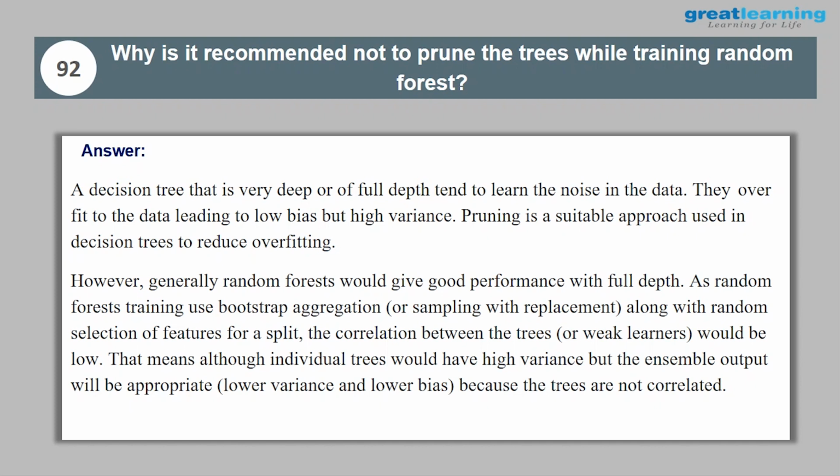However, generally a random forest gives good performance with full depth, as random forest training uses bootstrap aggregation, or sampling with replacement, along with random selection of features for a split. The correlation between the trees or weak learners would be low. That means although individual trees would have high variance, the ensembled output will be appropriate, with lower variance and lower bias because the trees are not correlated.